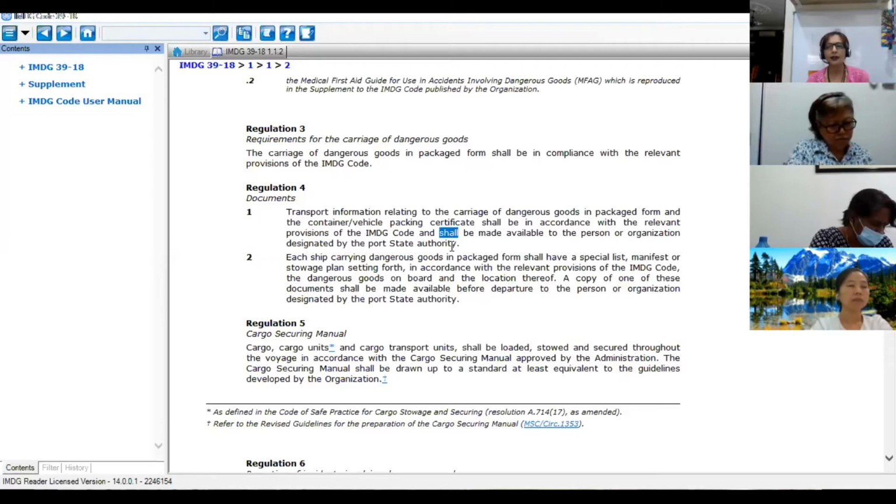So we see the container packing certificate is managed here in a sense that in Port Klang, only those that have been registered with LPK are allowed to sign this form. However, we see that this situation does not occur everywhere.